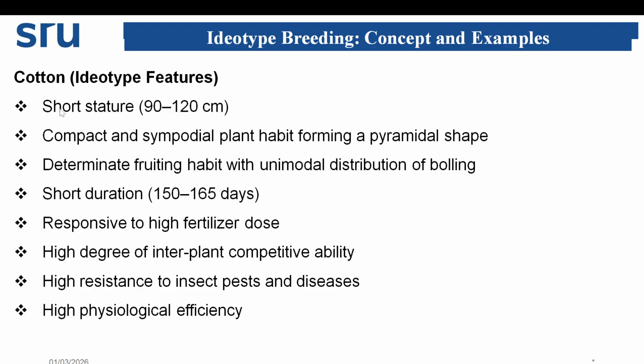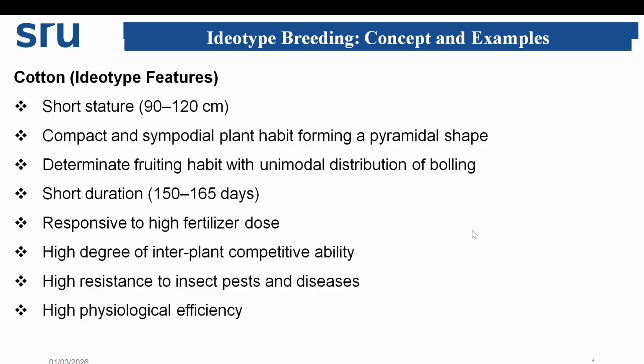The plant stature should be short, like 90 to 120 cm. Compact and sympodial plant habit forming pyramidal shape. The next character is determinate fruiting habit with unimodal distribution of bolls. Duration should be short, like 150 to 165 days.